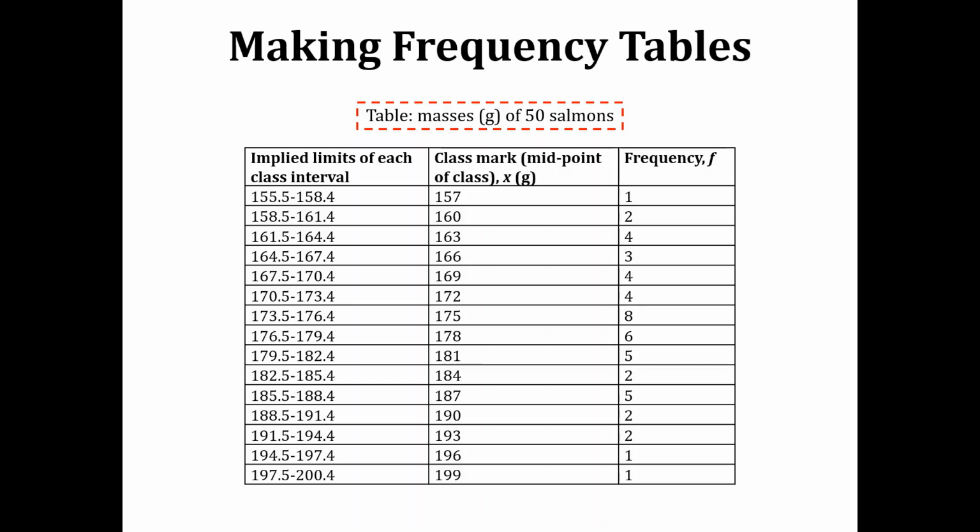Second thing is that there are only 50 observations, and we could see that there were many observations that were being repeated. So it means that there were many rows in that table, or many frequency classes in that table, that would have 0 frequency. So was that going to be a reasonable way to represent your data when many of the rows in your table are going to be empty?